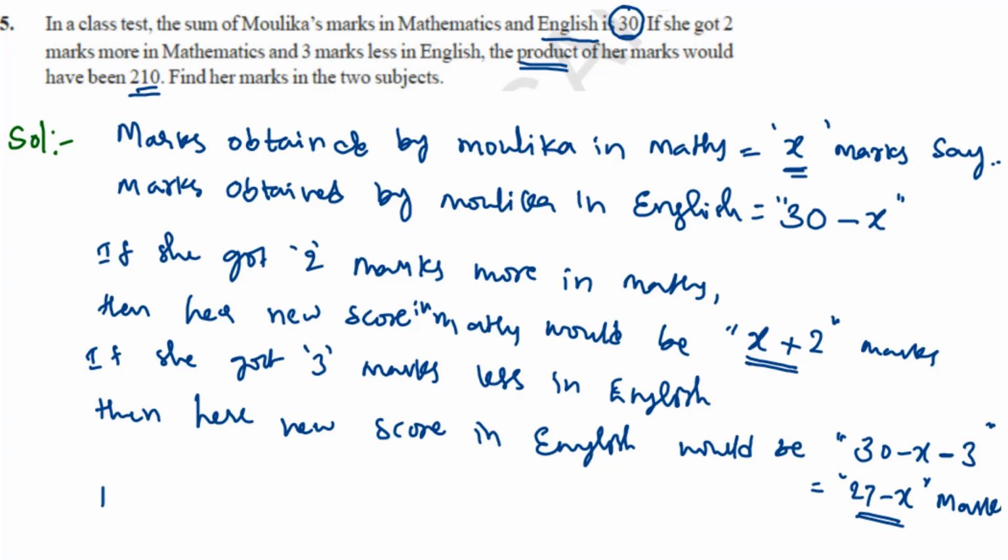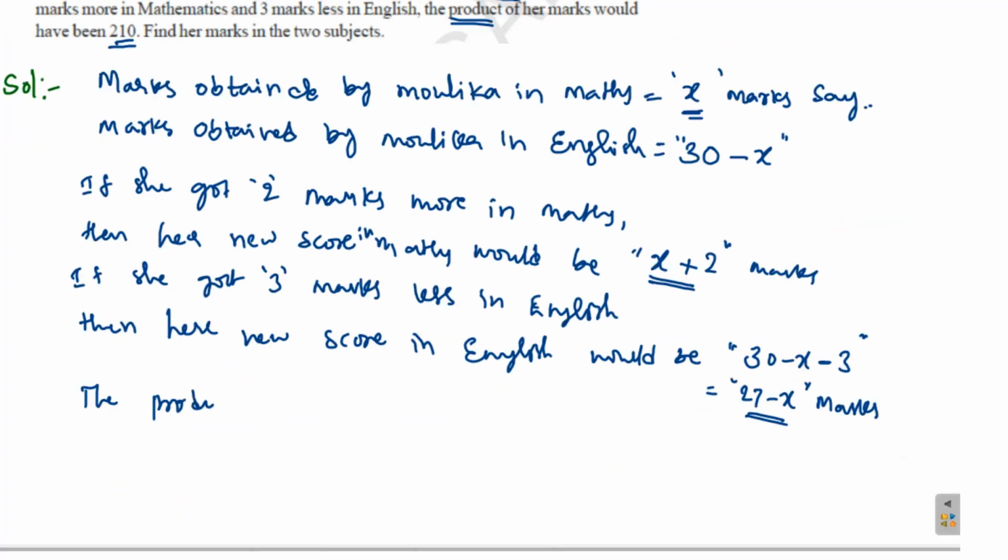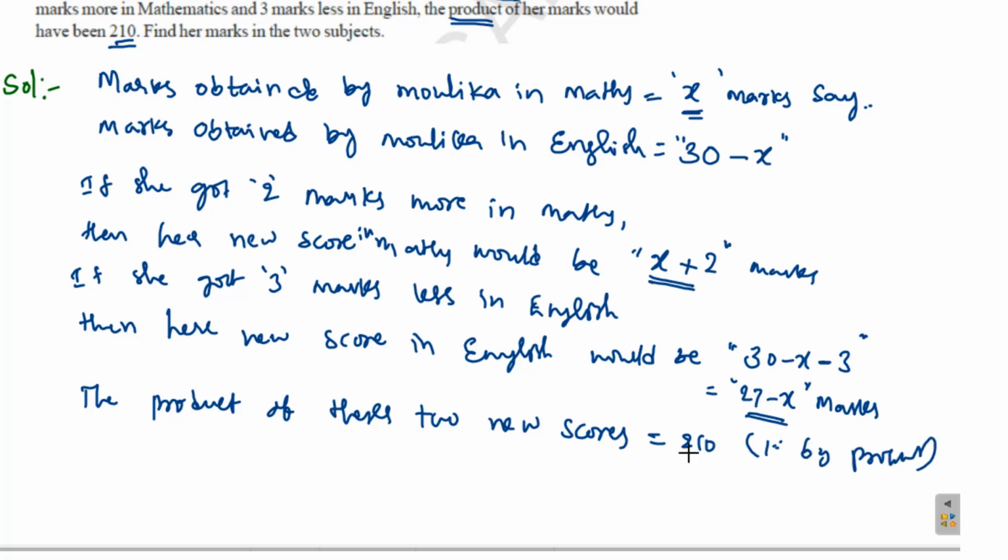So the product of these two new marks or new scores is given as 210 by the problem. So here we need to multiply these 2 marks. So by multiplying x plus 2 and 27 minus x we get 210.